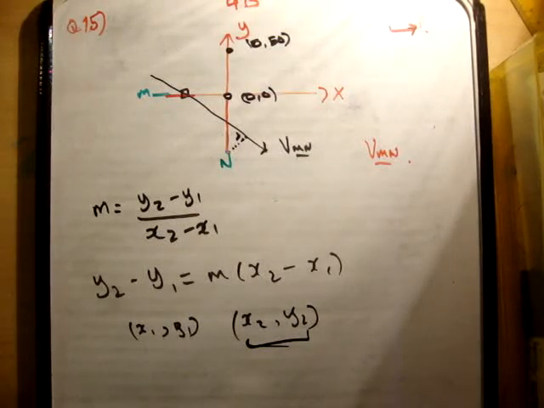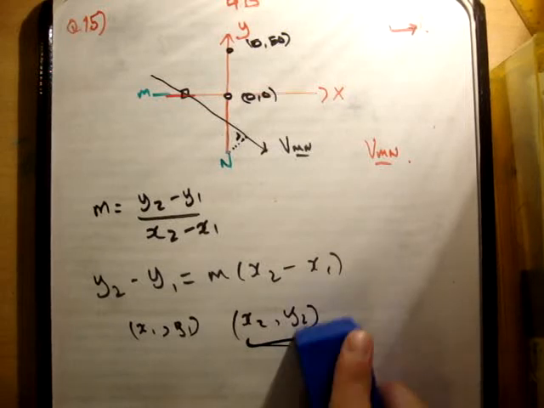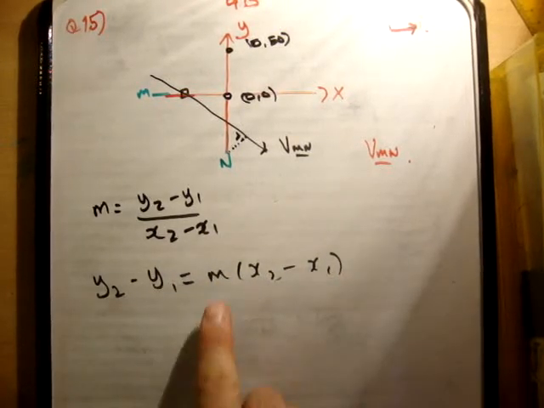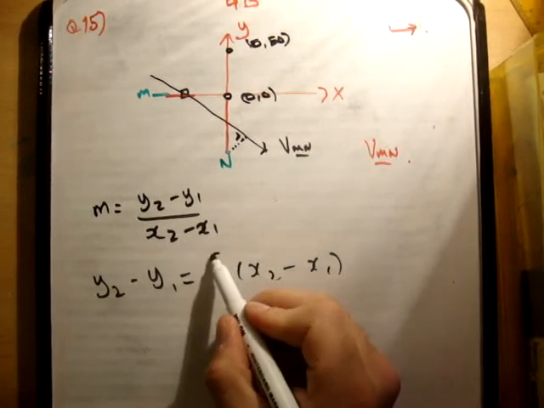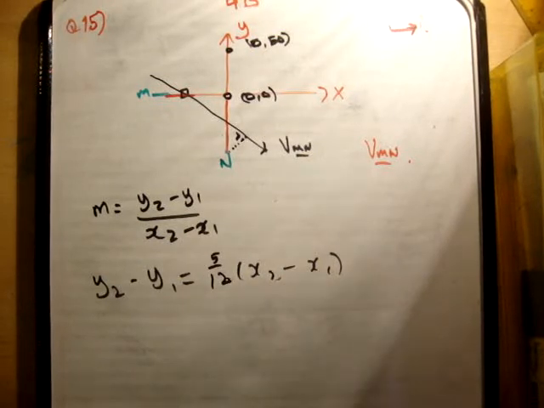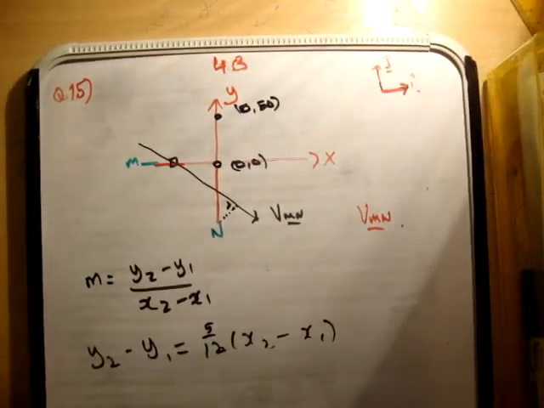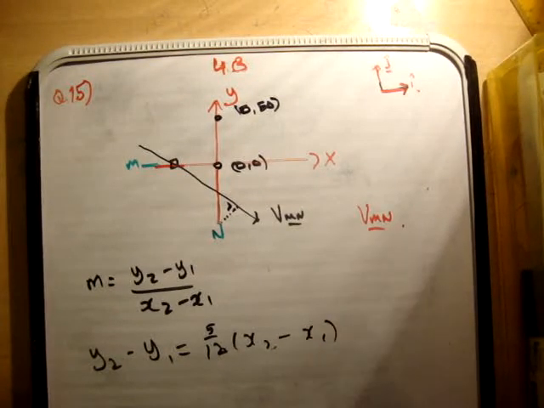So the question is this: have we any point on this line? And have we a slope? Well, we do have the slope. We just worked it out there at 5 over 12. And have we a point? Do we know any place where the vector Vmn, or the line Vmn, goes through? The answer is we do, because we're told at some stage m is at the origin.